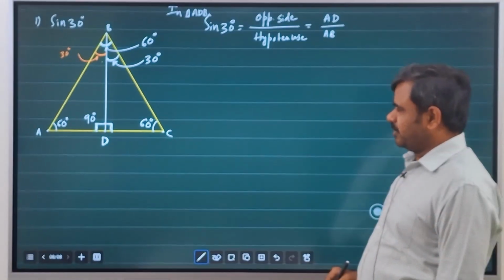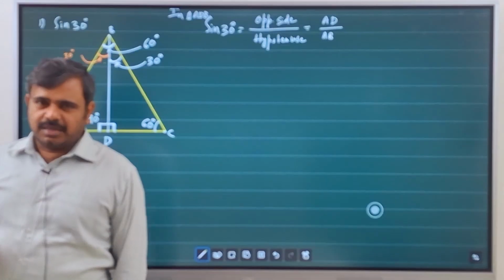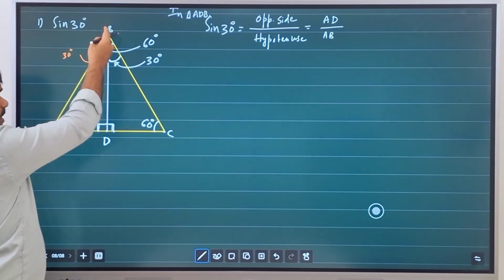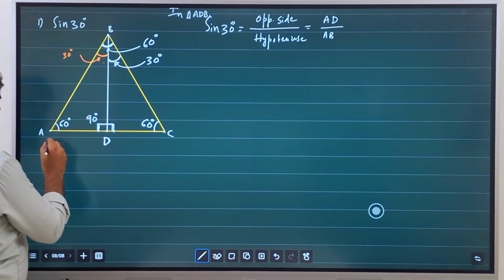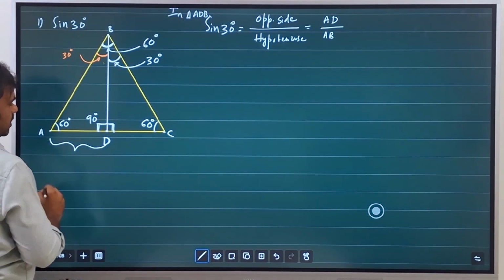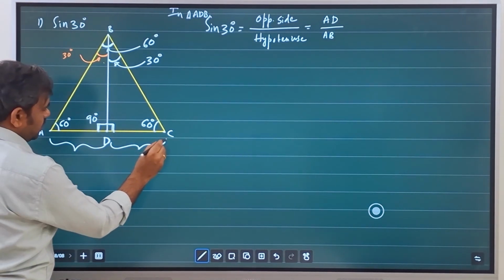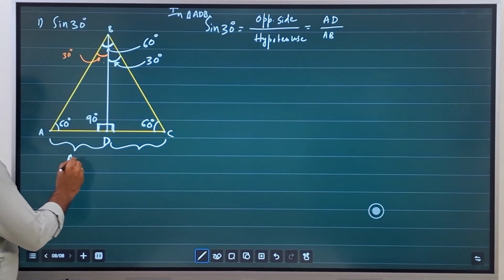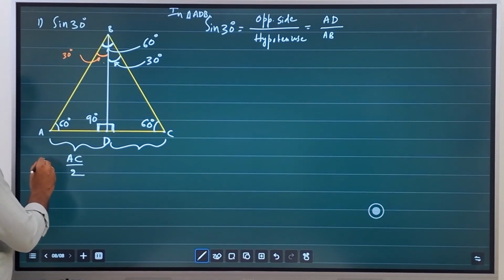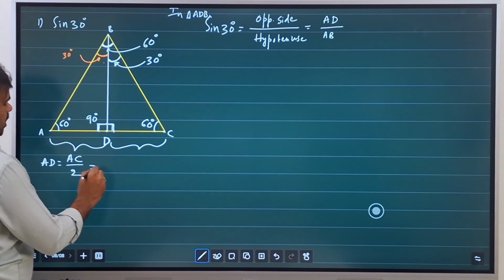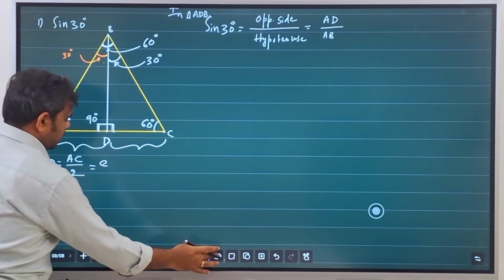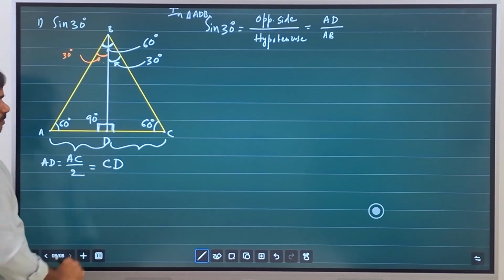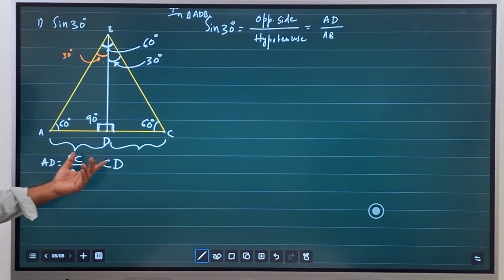Look at the figure. In an equilateral triangle, this perpendicular BD divides the side into two equal halves. AD and DC are equal. So AD is equal to AC by 2, and CD is also equal to AC by 2.